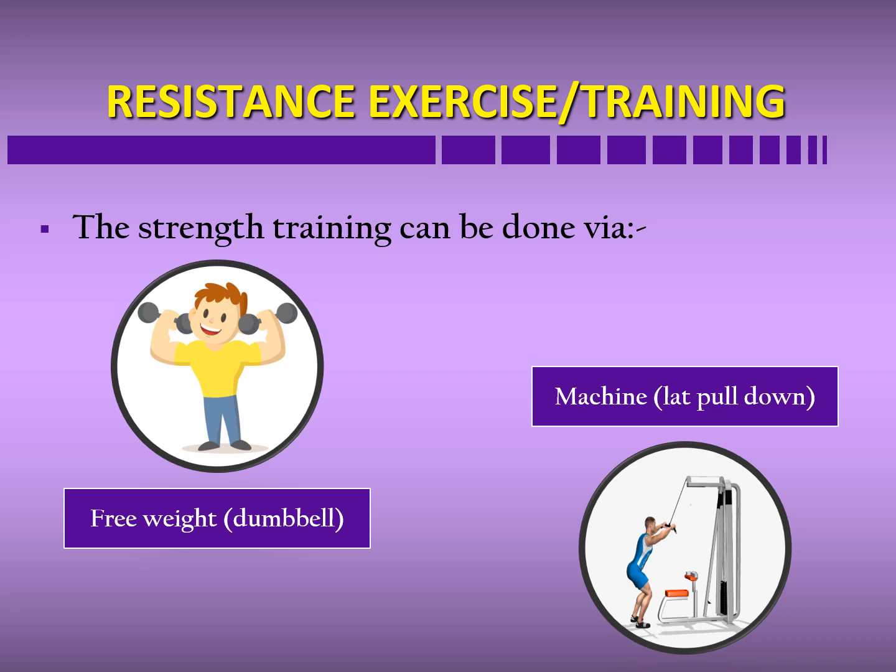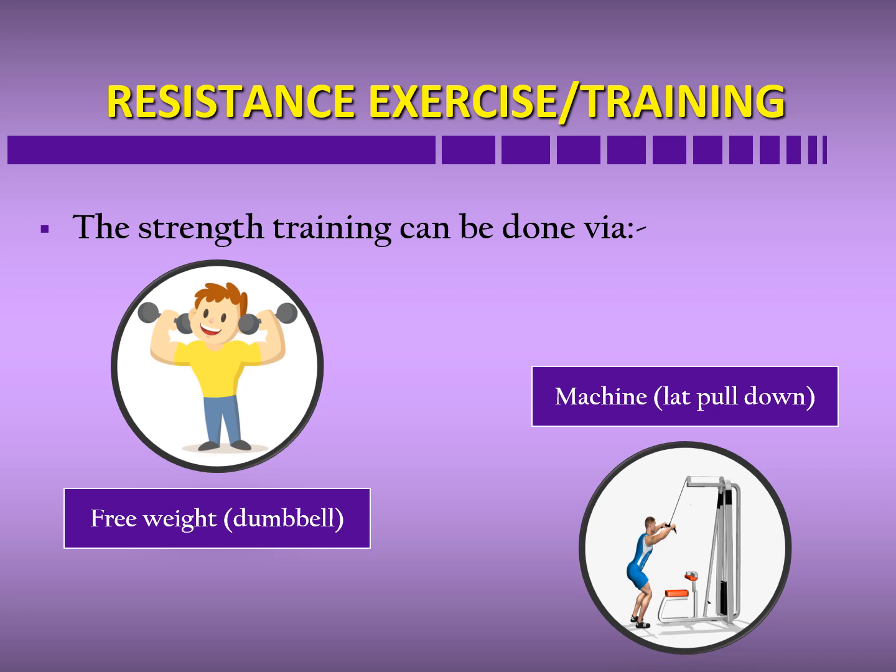When you use a dumbbell, you can develop your strength. The second one is using a machine. A machine is equipment placed inside the gym, which means you cannot simply move it. An example here is the leg pull down machine. You can see the image here.